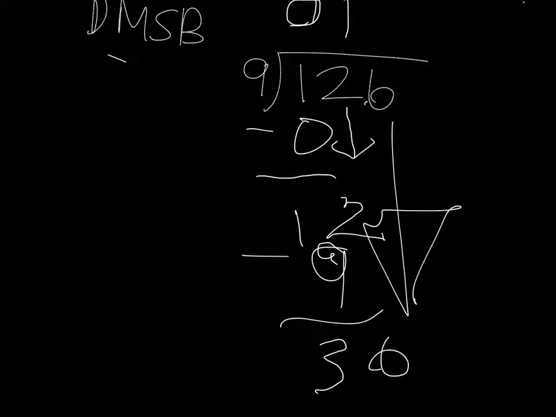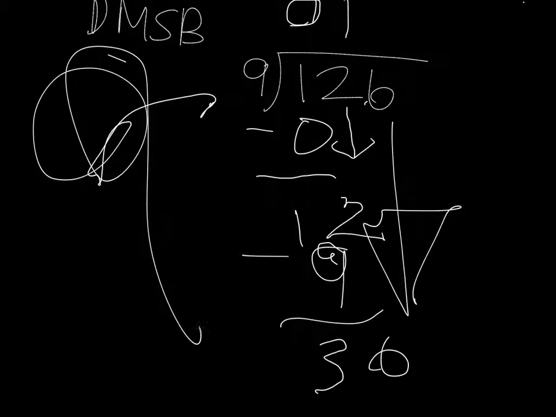And it's 36, but 1 cannot get you to 126. So now you brought down, now what? Now division. So then you do what times 9 gets you closest to 36. Use your chart. It's 4 because 9 times 4 is exactly 36.